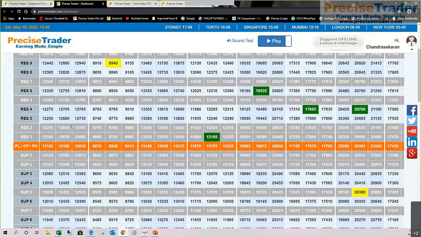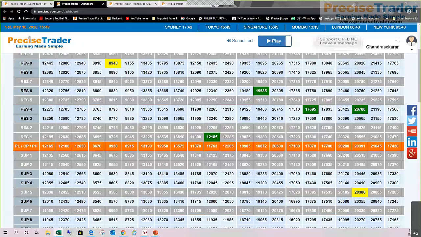Looking at the pound, we are expecting weakness next week. It closed at 121 near the low, and it closed below support zone 2. So overall we are expecting the selling pressure to continue, and it may test the lows on the pound.